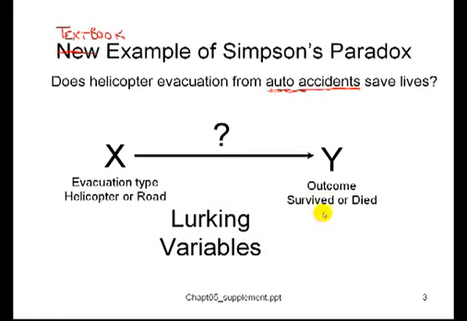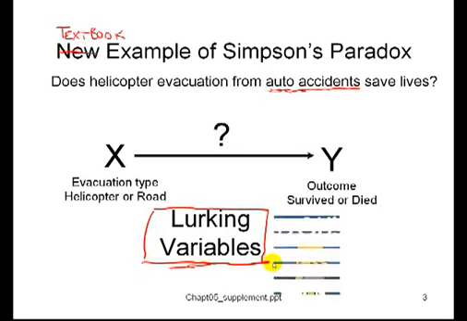Now, whenever you look at any research problem, whether it's in Chapter 5, Chapter 4, Chapter 3, whenever you look at a relationship between an explanatory variable and a response variable, we must always consider whether lurking variables may explain any potential association.